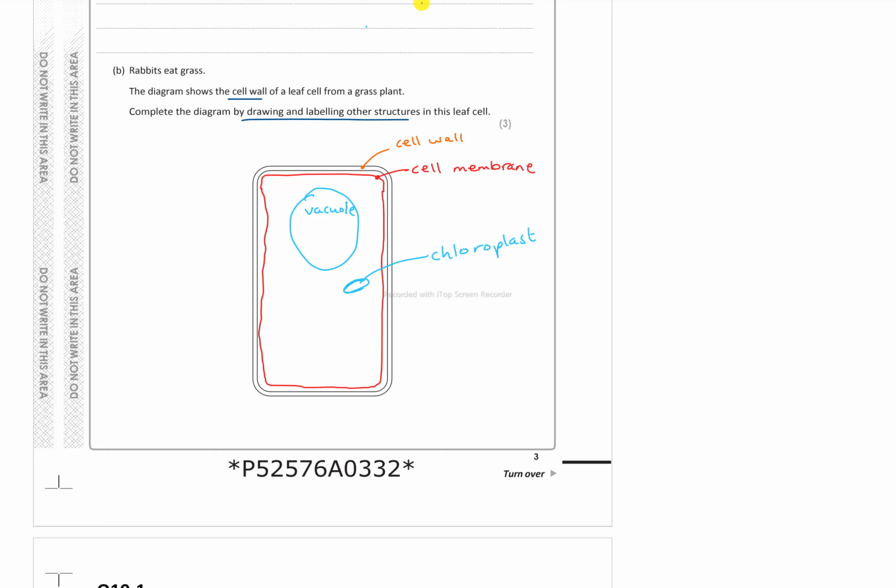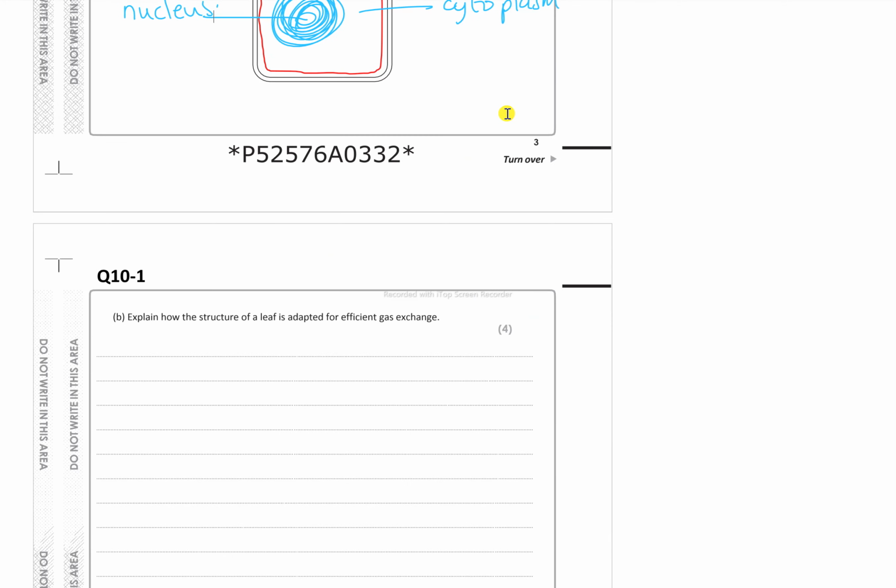So that's your chloroplast. You've got your cytoplasm. That's the liquid part. And what else have you got? You have the nucleus. There you go.